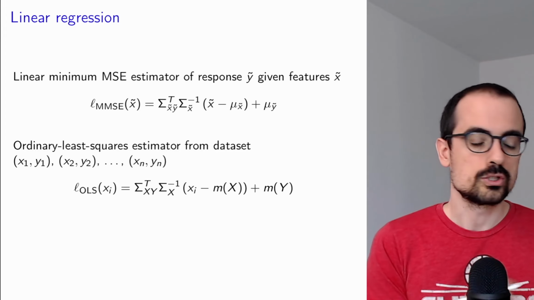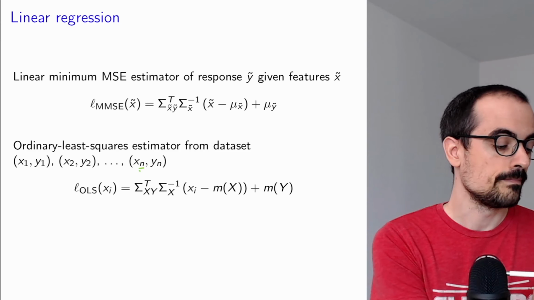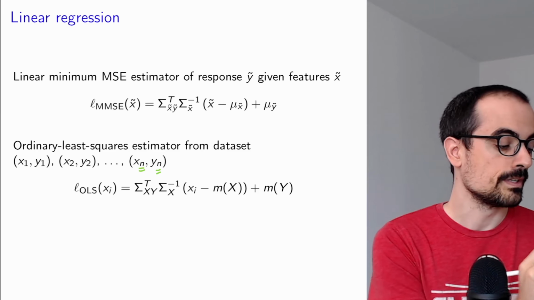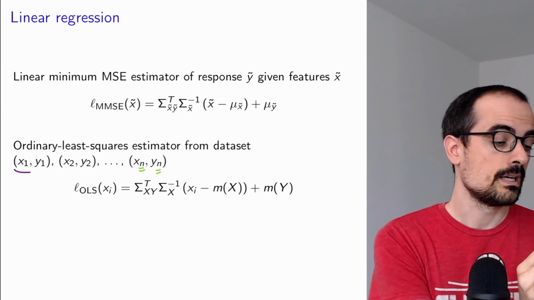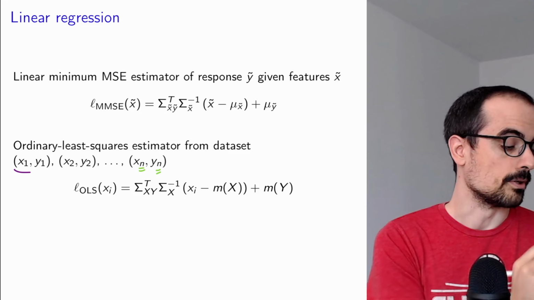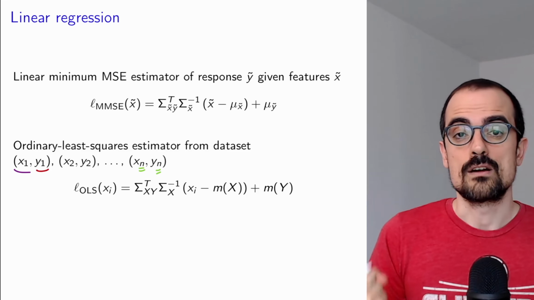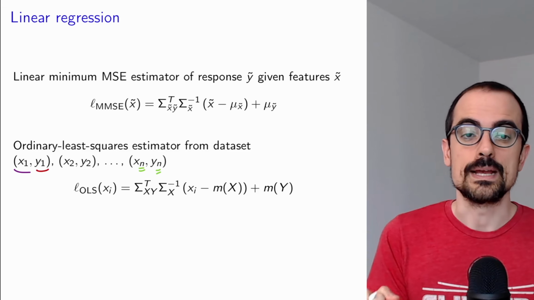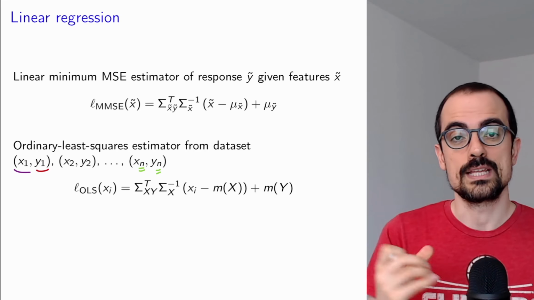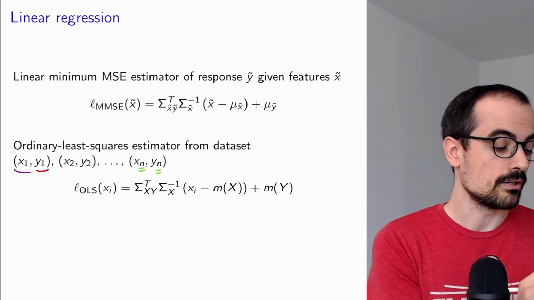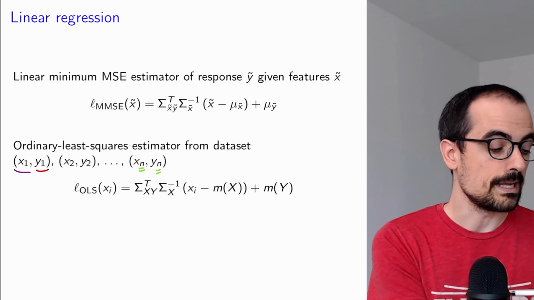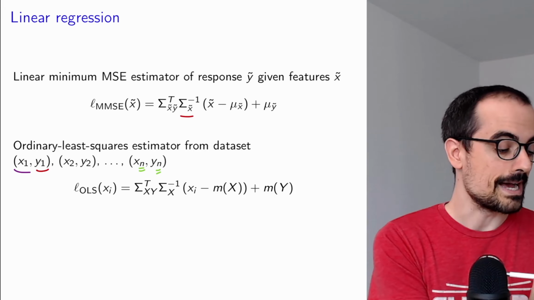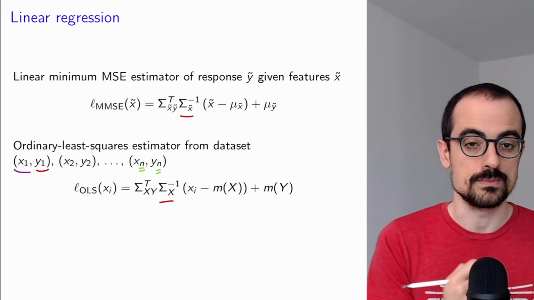When we want to fit models to data, we have a finite number of examples where each example corresponds to d features and the corresponding value of the response. We saw in our video on ordinary least squares that the optimal linear estimator of the response given the features, if we're using a finite data set, is of this form, where essentially we replace the covariance matrix of the features by their sample covariance matrix computed from the data.